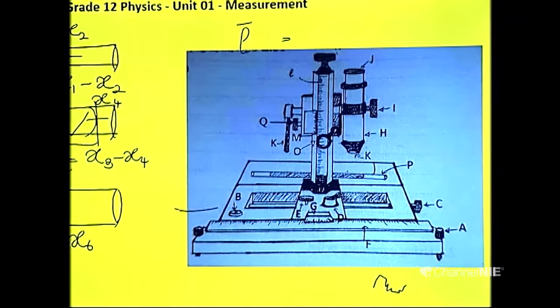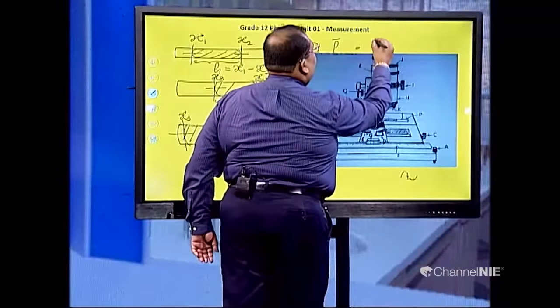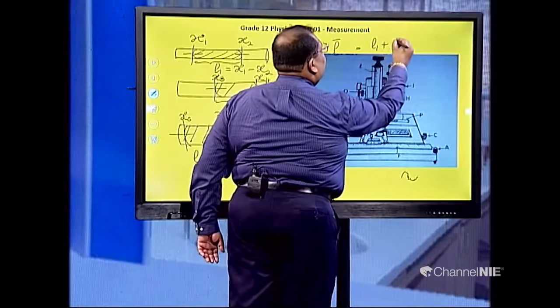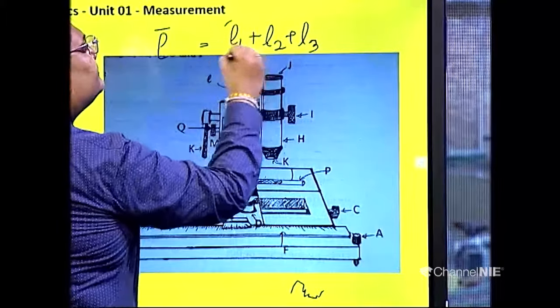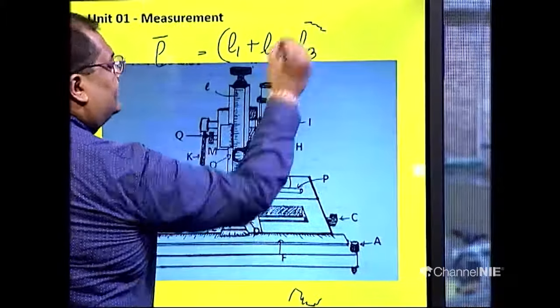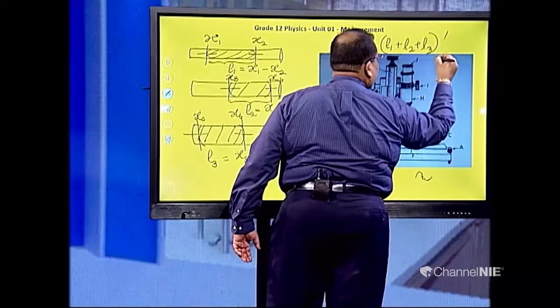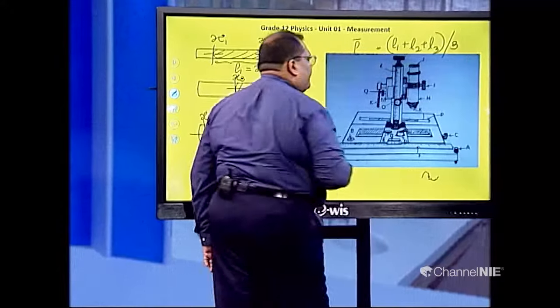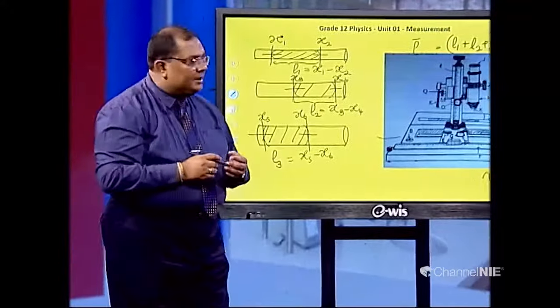The average value is L1 plus L2 plus L3 divided by 3. Then we have the average length for the mercury pellet.